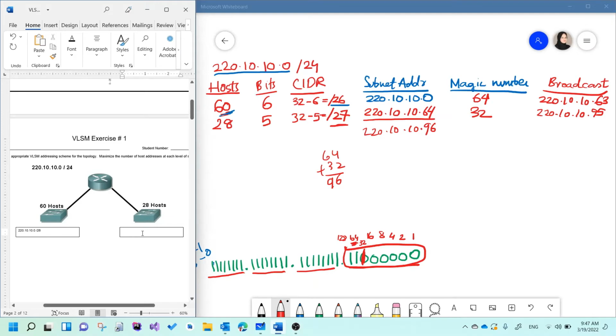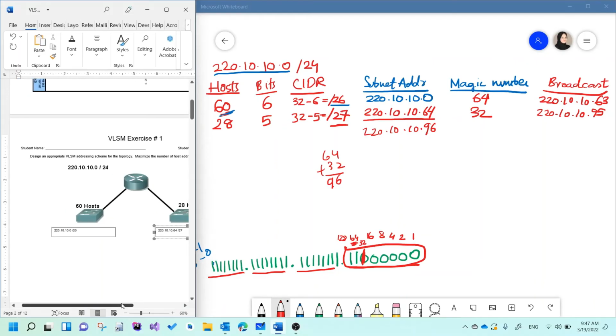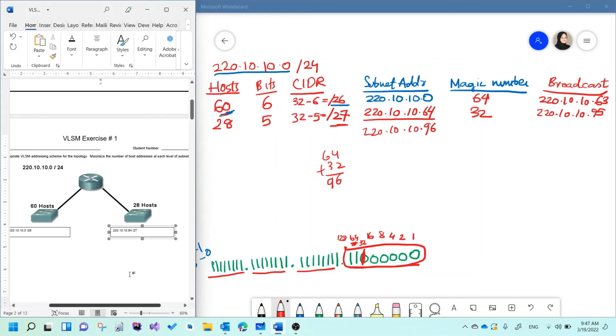And then here it would be 220.10.10.64 slash 27. In this case, they're not asking you for the broadcast IP and the first and last IP, but in your exam questions, you will have to answer those as well.